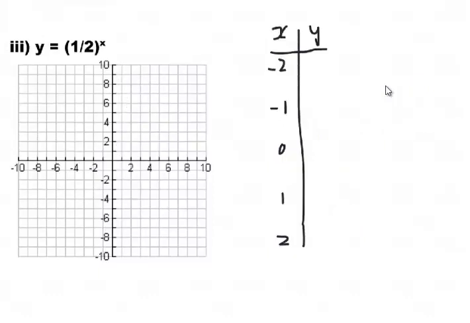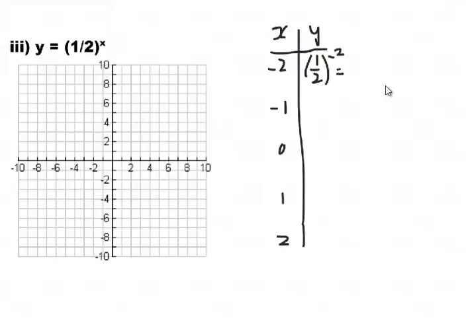The next example is y is equal to 1 over 2 exponent x. When x is negative 2, we get 1 over 2 exponent negative 2.